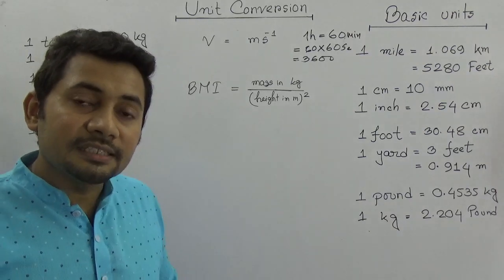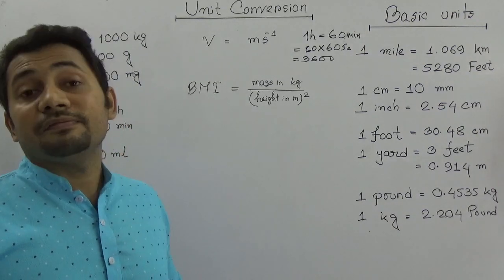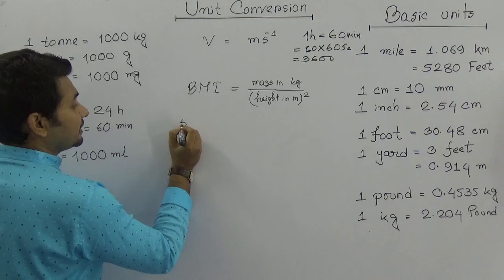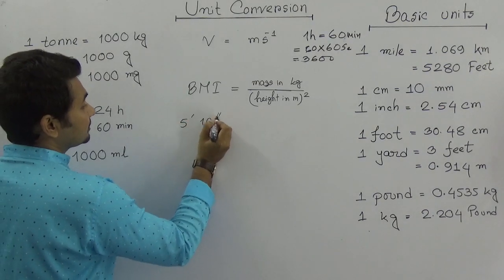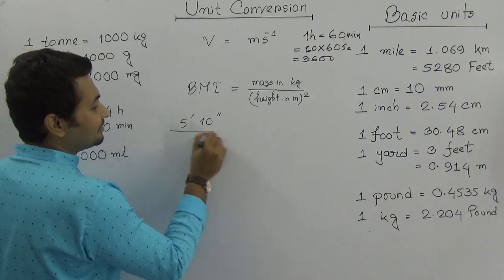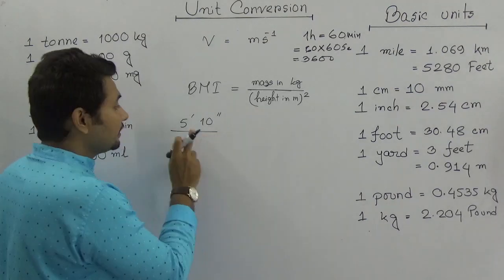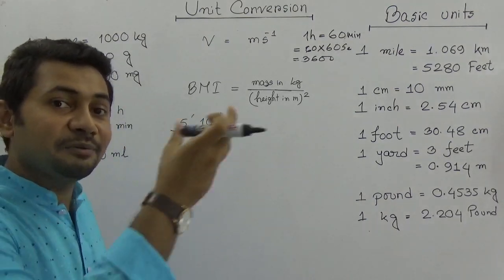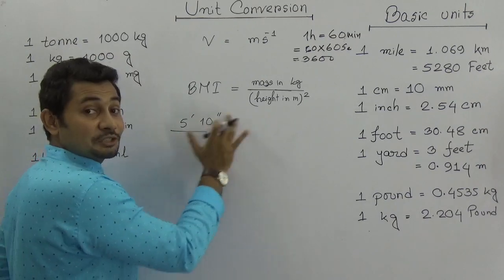So in this case, can you remember, if somebody is like 5 feet 10 inches, now you need to convert it into meter? So what about the process of how we can go from inches to meter?